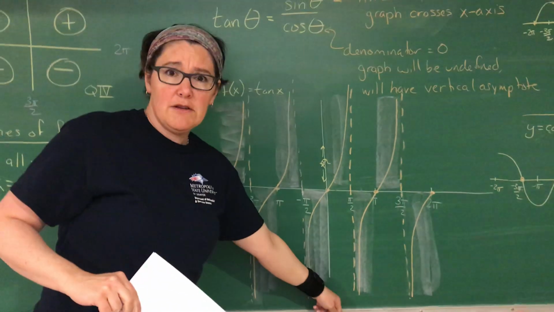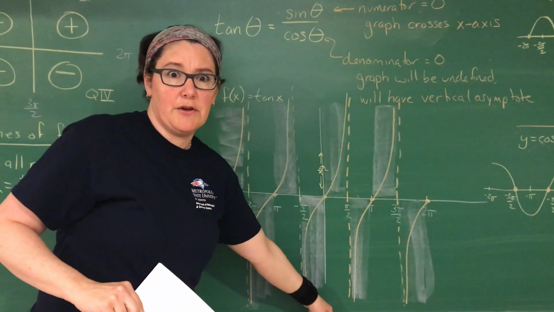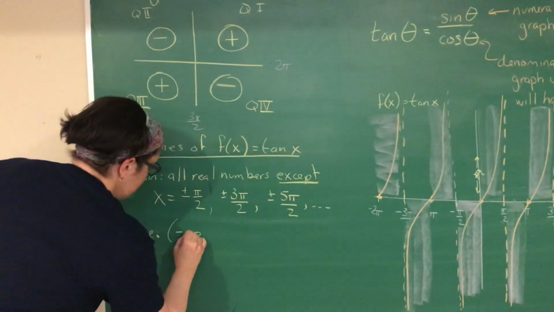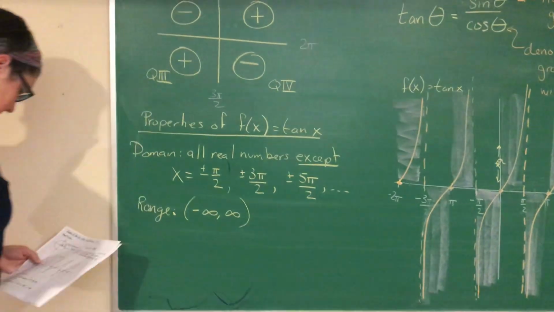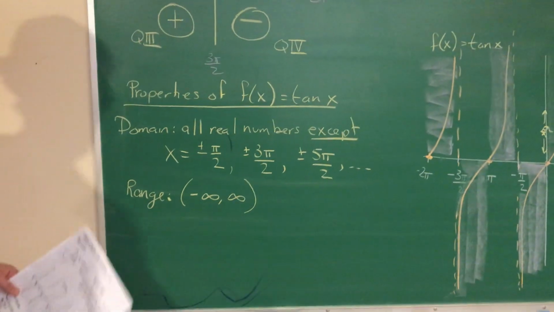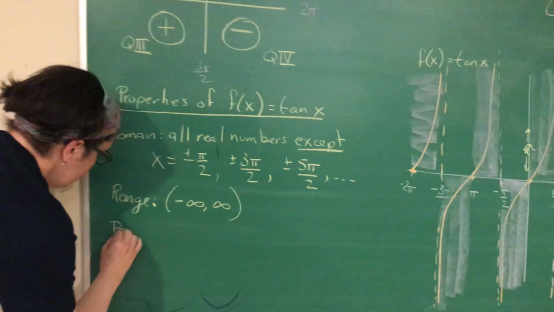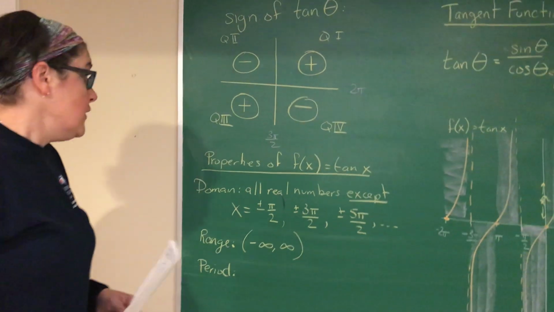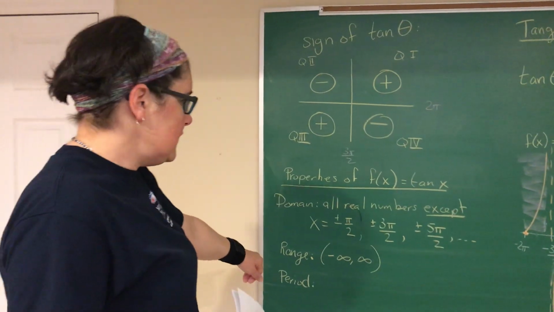And no matter how far down he goes on the y-axis, he also still sees part of the graph. So the range for this function is all real numbers from negative infinity to positive infinity. Okay, so we've got our domain, we've got our range.